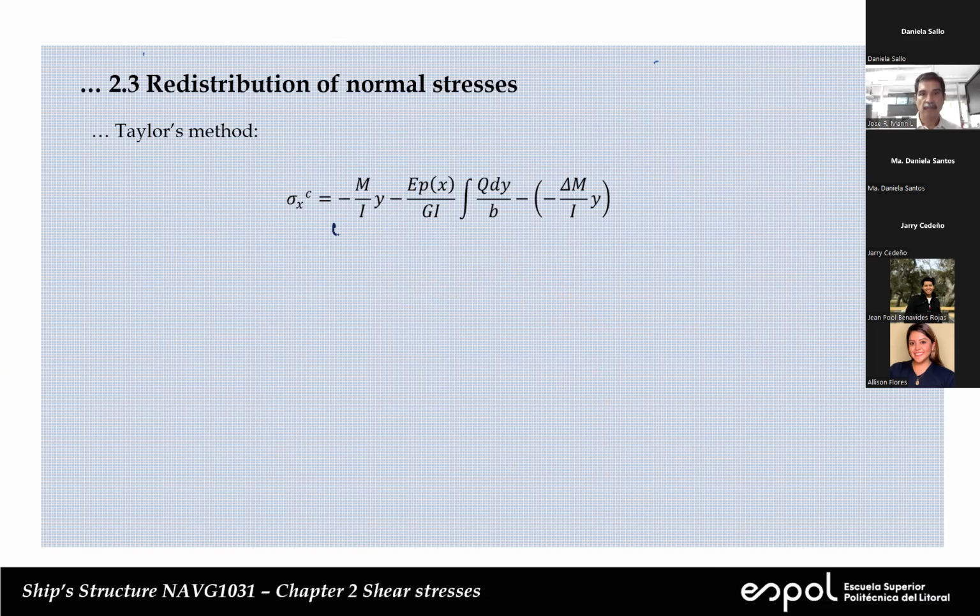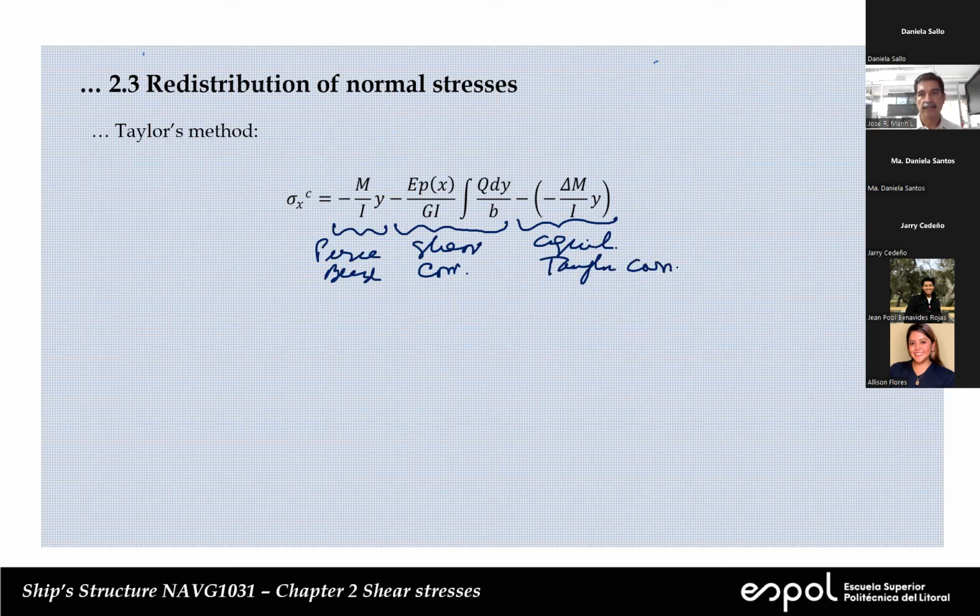So this is pure bending. This is shear correction, and this is equilibrium, Taylor correction.